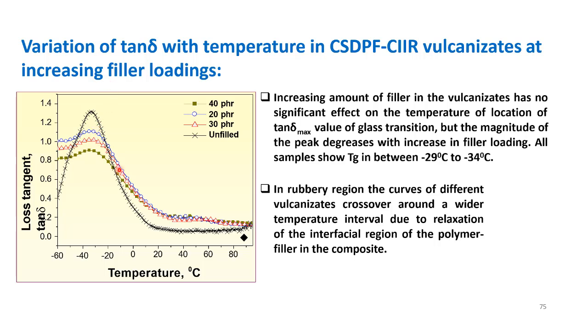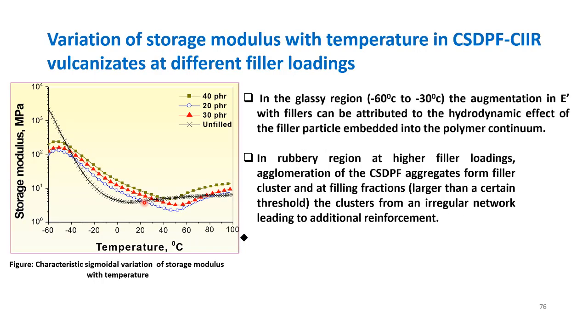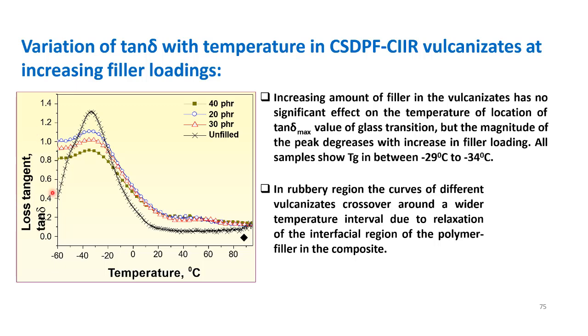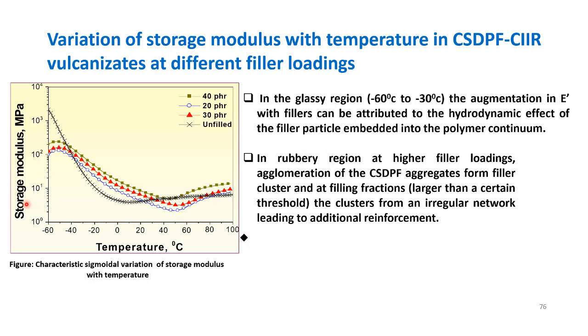In the rubbery region, the curves of different vulcanizates cross over around a wider temperature interval due to the relaxation of the interfacial region of the polymer-filler in the composite. Then the storage modulus. That one was for tan delta. Here again, for the storage modulus, the intensity is reducing, and there is somewhat of a change in the transition temperature, from -62 to around -30.